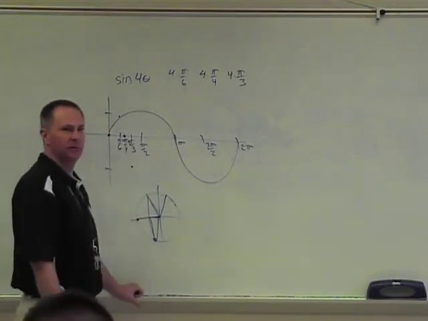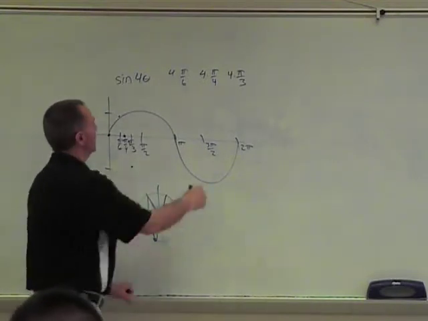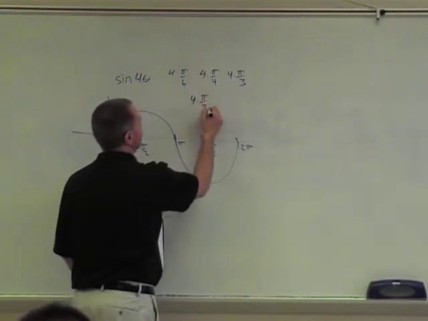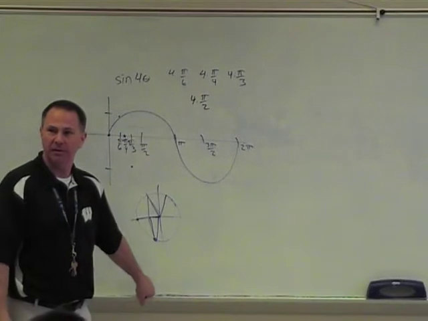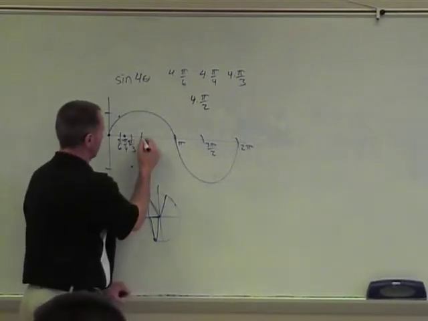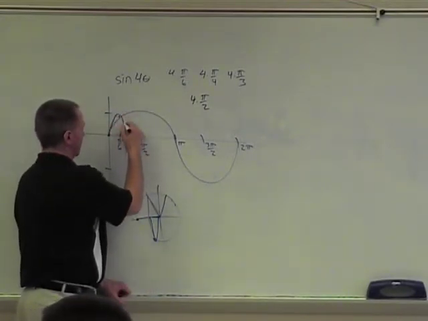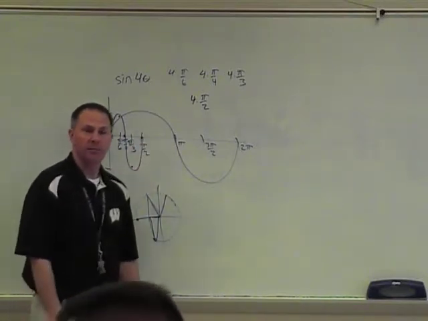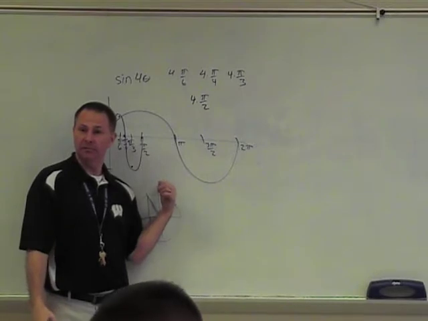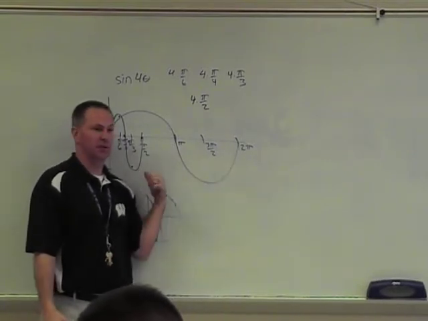Pi over 2. What is 4 times pi over 2? And what is the y value of 2 pi? 0. Not sure where the tips of those were, but that's what happened. What happened to your sine function?